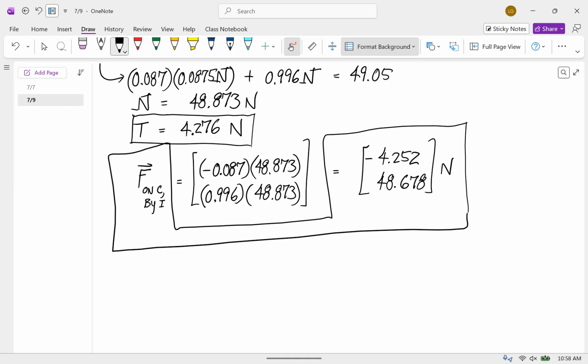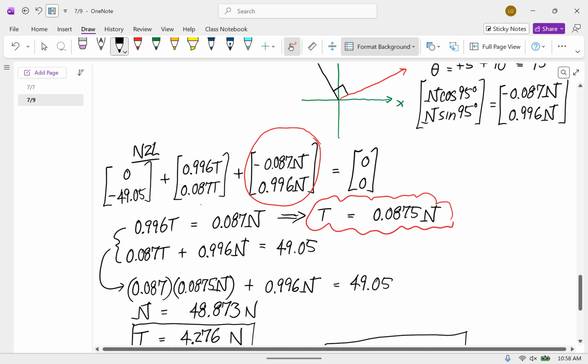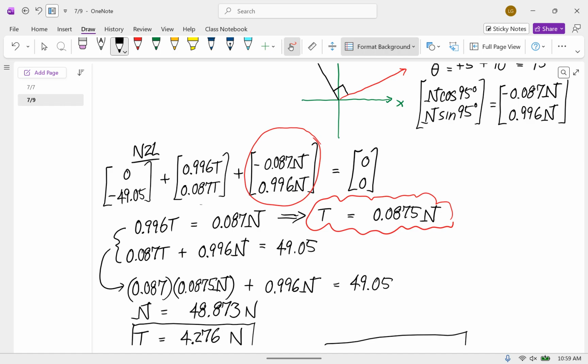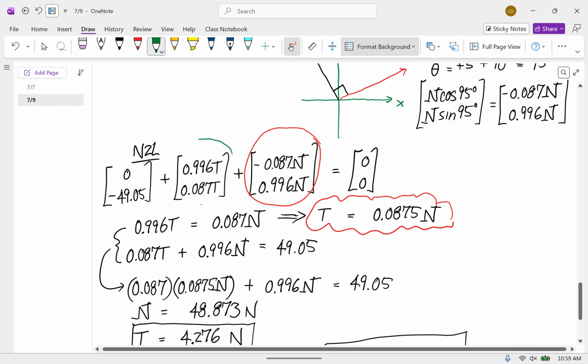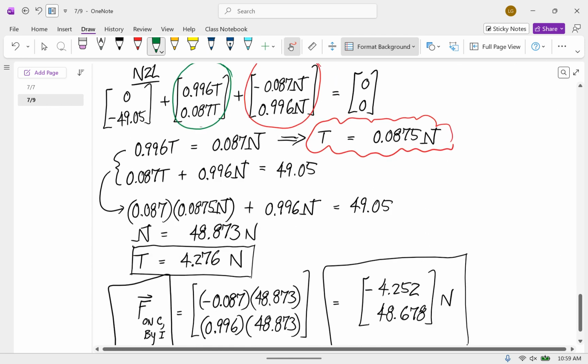And then the last thing I asked for was the force vector applied to the cart by the cable. Newton's second law, we've already listed out all the forces applied to the cart by various things. So we just have to identify it, and this is the one we want. That's the force vector on the cart by the cable.